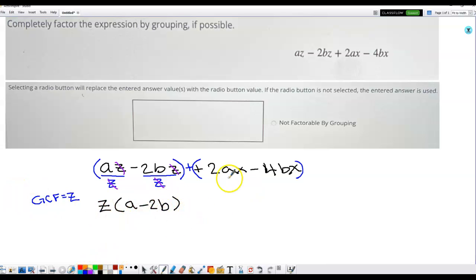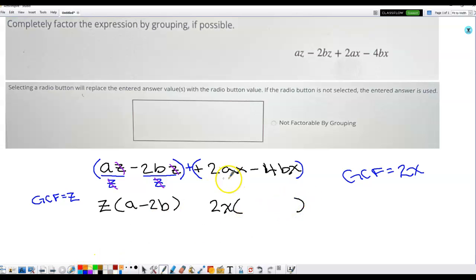Looking at the last 2 terms, they both have an X in common, but they have more. They both have a 2. 4 is 2 times 2. So they have 2X in common. Again, I'm going to come down here and write my GCF so I don't forget about it.